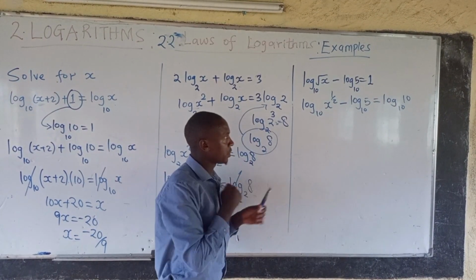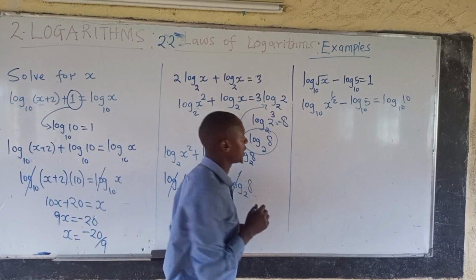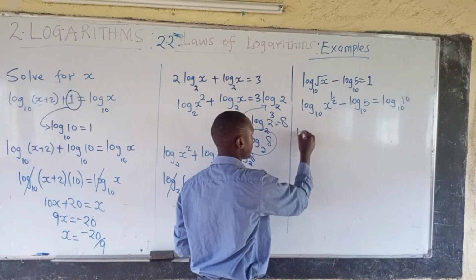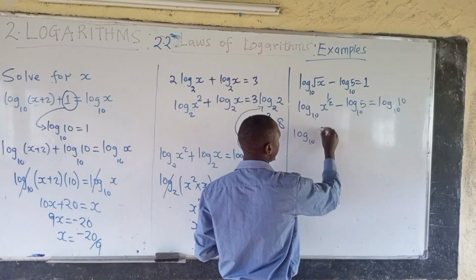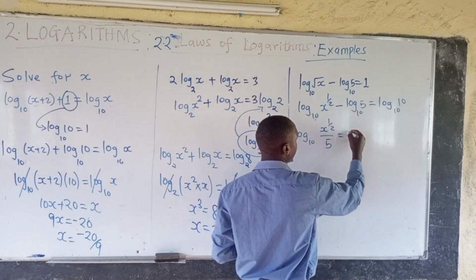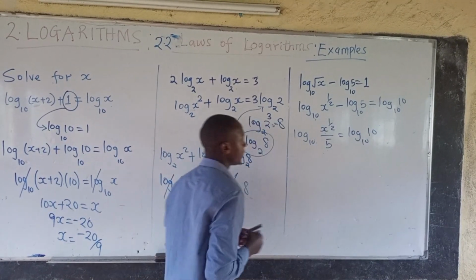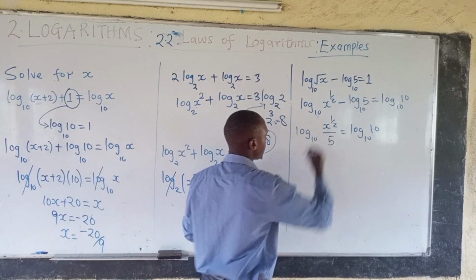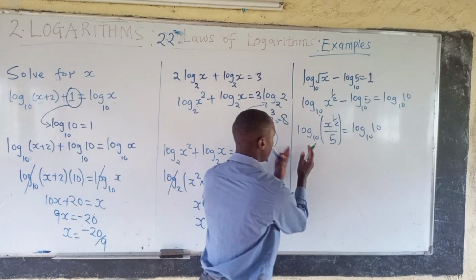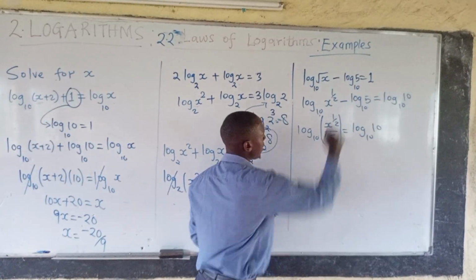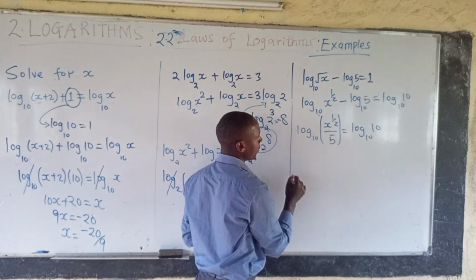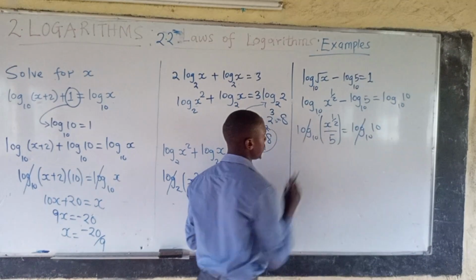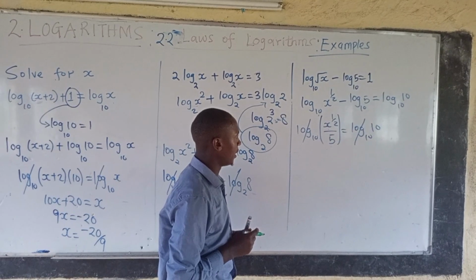So we're going to factor out the logs for both sides. I've already factored out the log, because this is a minus, so you're going to have a division here. I can now comfortably cancel out the logs.